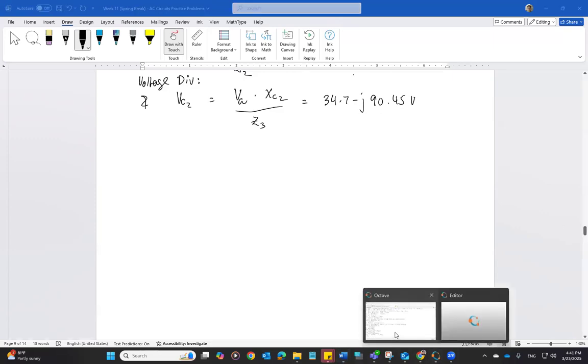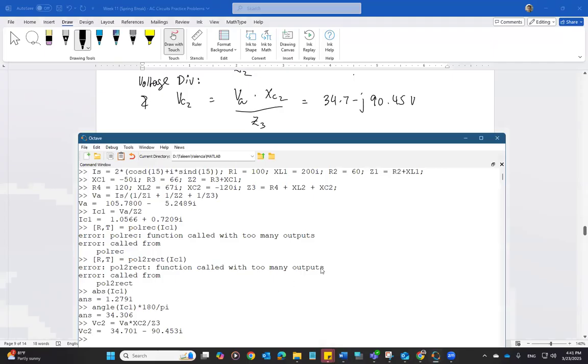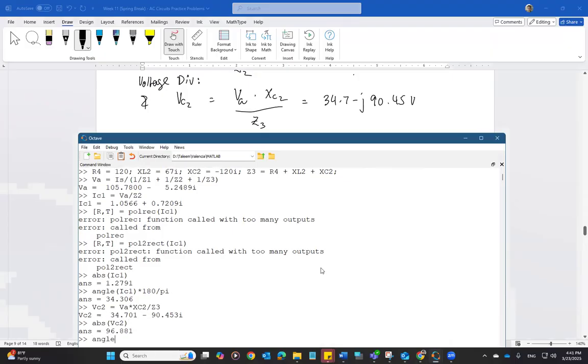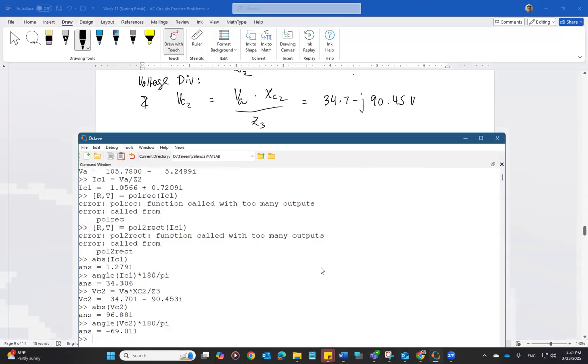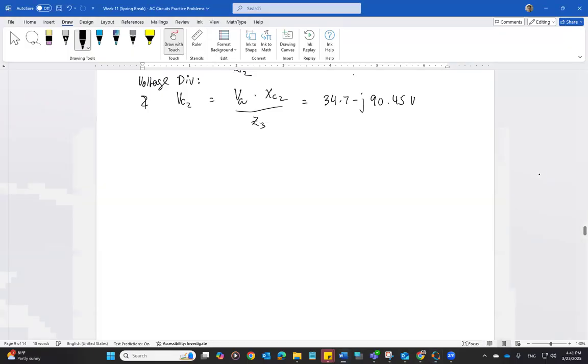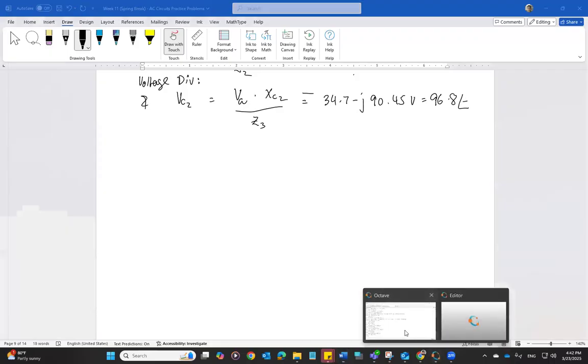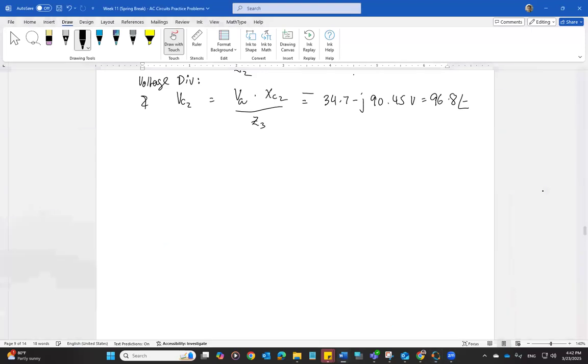And then we're going to convert that into polar form. So absolute of VC2 and angle of VC2 times 180 over pi: 96.8 angle negative 69.0 degrees.